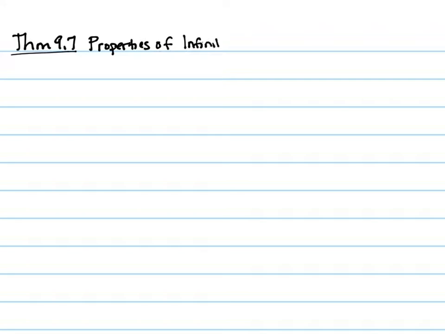All right, some properties now. So far, we have yet to see any properties that are unexpected. They do everything that we want them to do, and today will be no different. So this is Theorem 9.7, and these are the properties of infinite series.